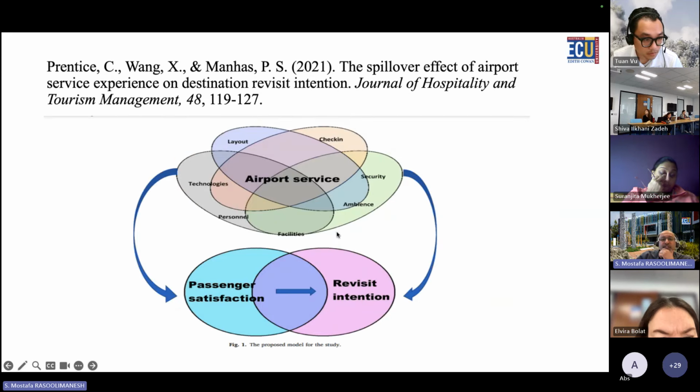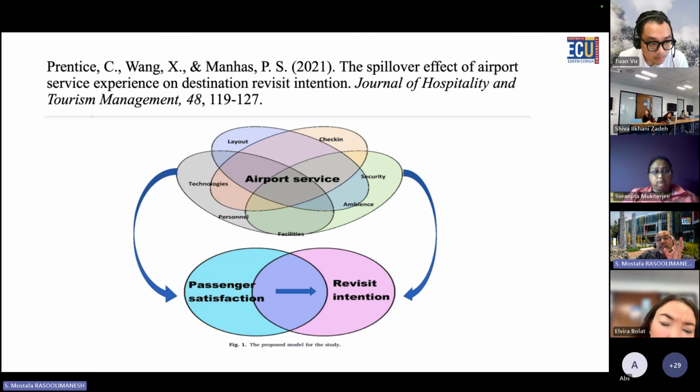Another study that you see is on airport services. There are so many factors that influence passenger satisfaction and revisit intention, and probably only one combination of these factors is not the only sufficient combination that can lead to satisfaction.